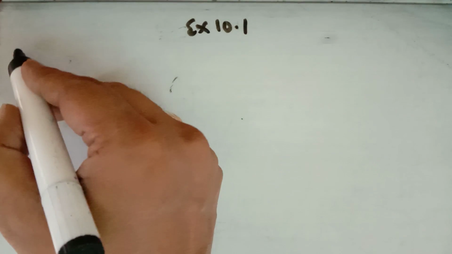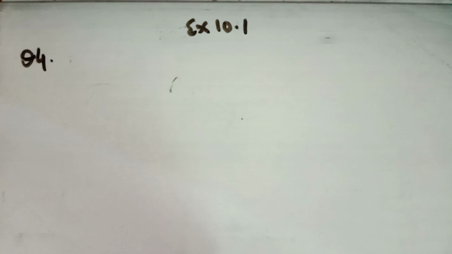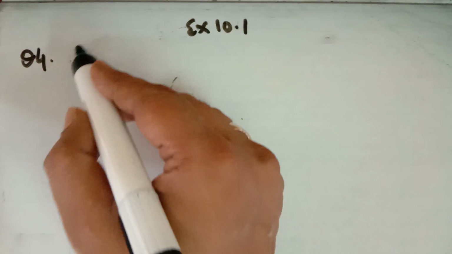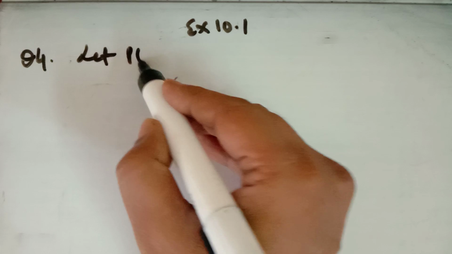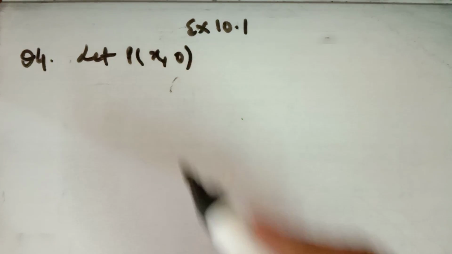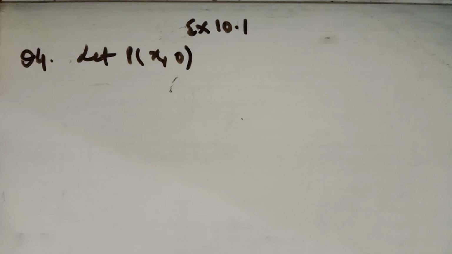Now in question number 4, it is given that you have to find the point on the x-axis which is equidistant from the two given points. So any point on the x-axis, let us call it (x, 0), because any point on the x-axis has its y-coordinate equal to 0.